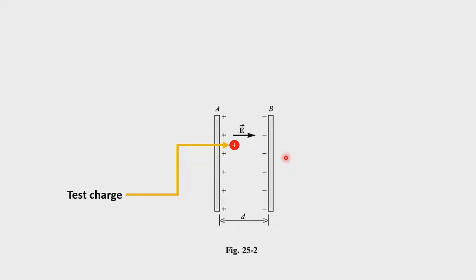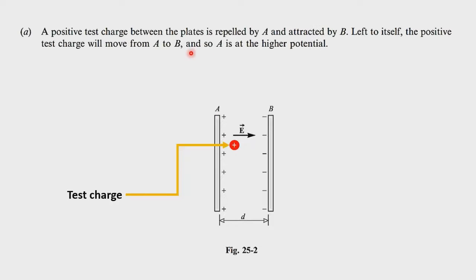So we are going to answer letter A. Which of the two plates will have the highest potential? So for example, we have plates A and plates B, and if there is a charge somewhere in here, plate A will actually produce the repulsion, supposing that a test charge is positive, while plate B will produce the attraction or the attractive force.